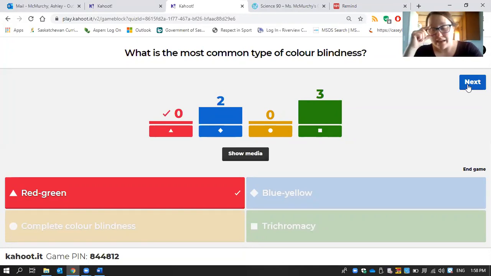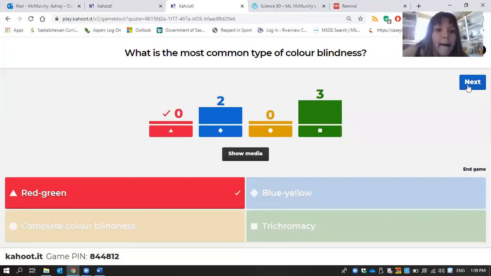It's a 5-minute video that goes through a bunch of different variations and helps you determine which type of color blindness you have, because there are multiple types. It also gives you some facts about color blindness and what the difference is between each of them. It's kind of cool.